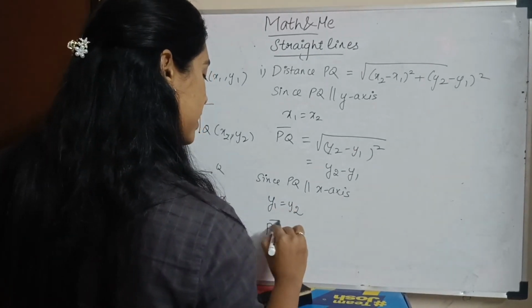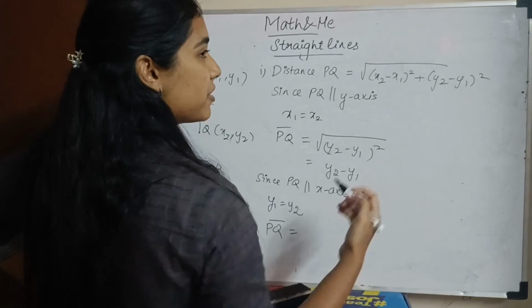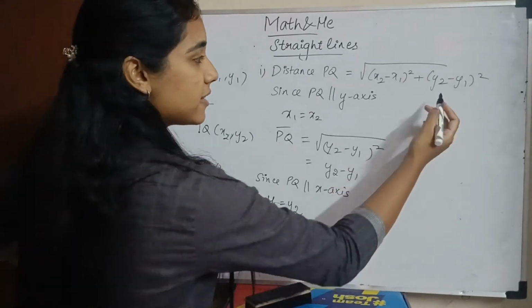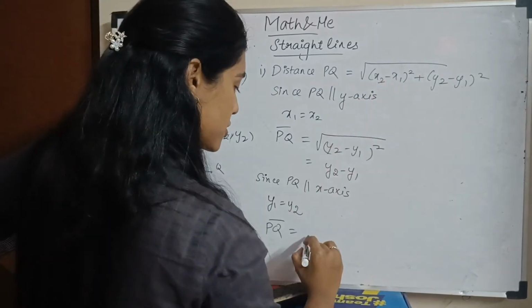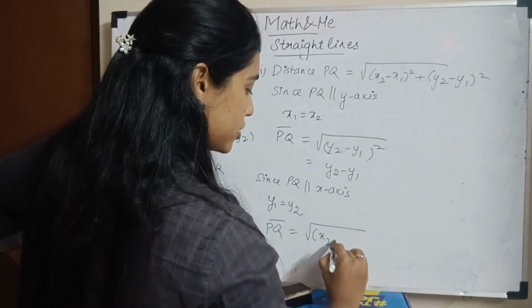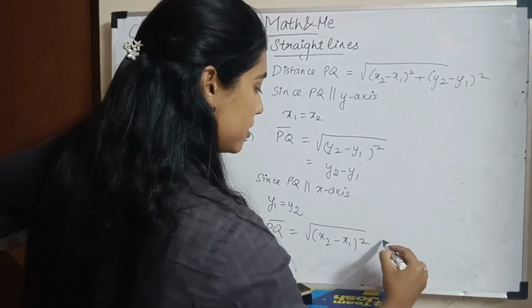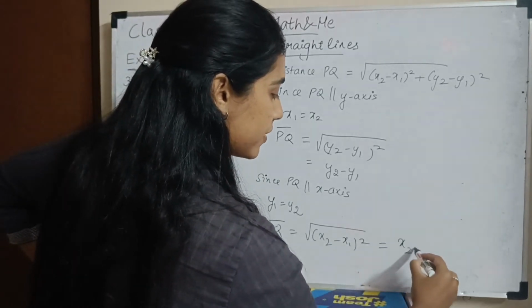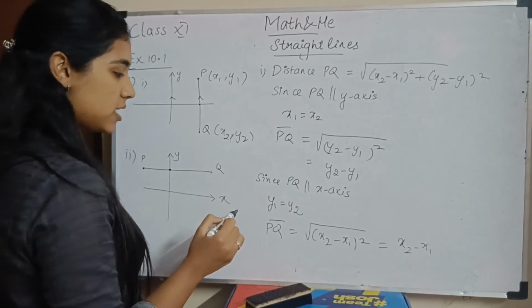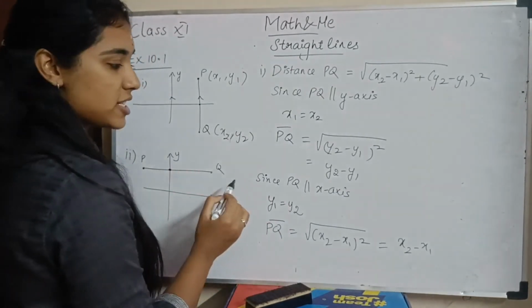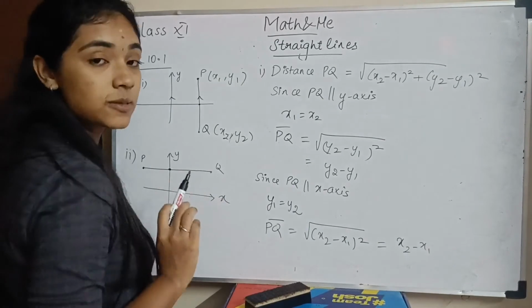What does your distance become? y2 and y1, if they are equal, get cancelled and this term becomes 0. You have another term, x2 minus x1 the whole square. When you take off the square root, you have x2 minus x1. So when the line is parallel to the x-axis, the distance between the two points is just the difference between the two x coordinates.